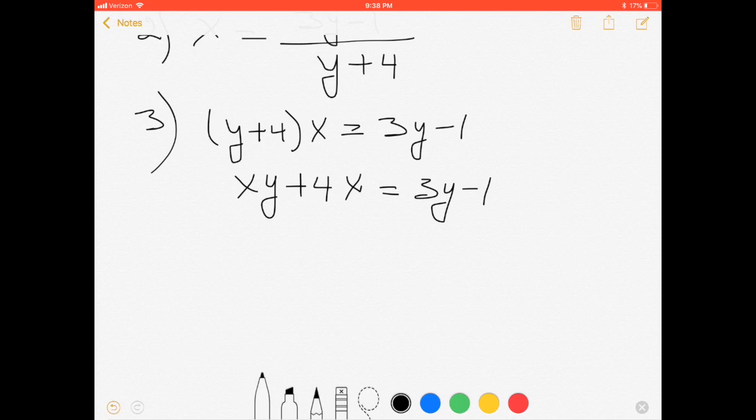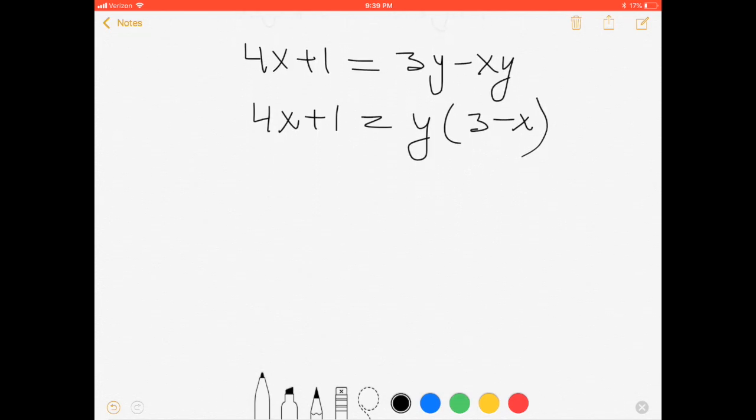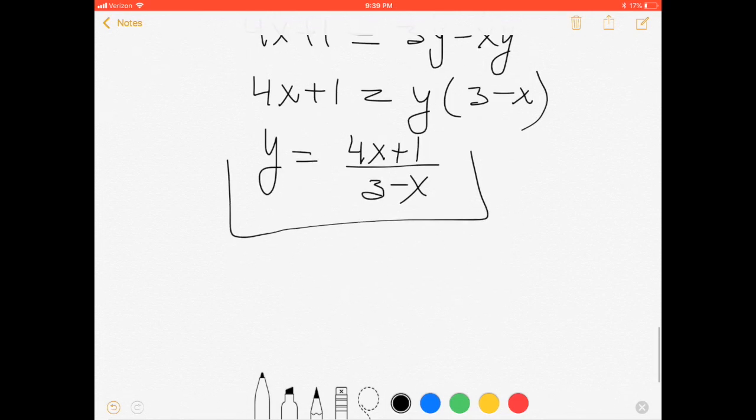We have, for example, 4x plus 1 equals 3y minus xy, and finally y equals 4x plus 1 over 3 minus x. You see, we found the inverse function.